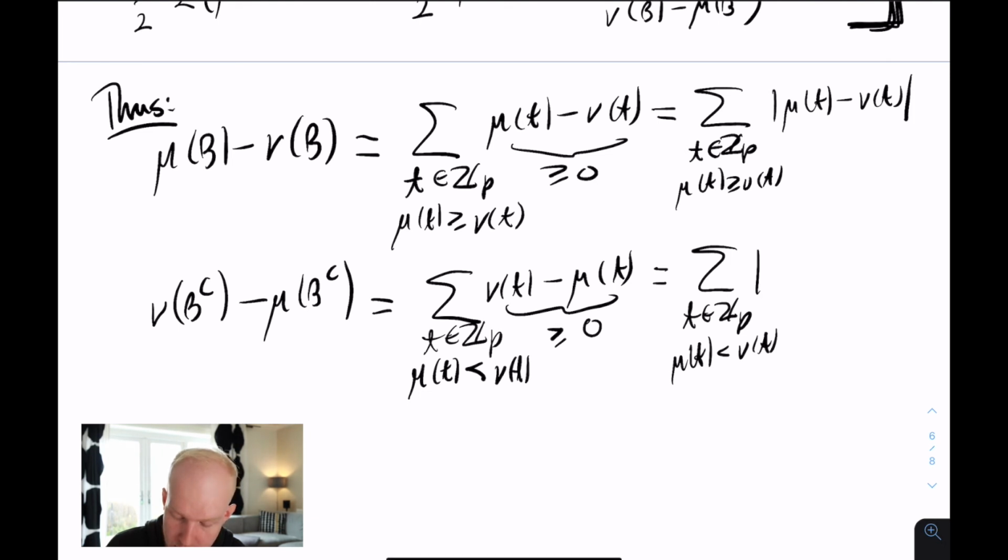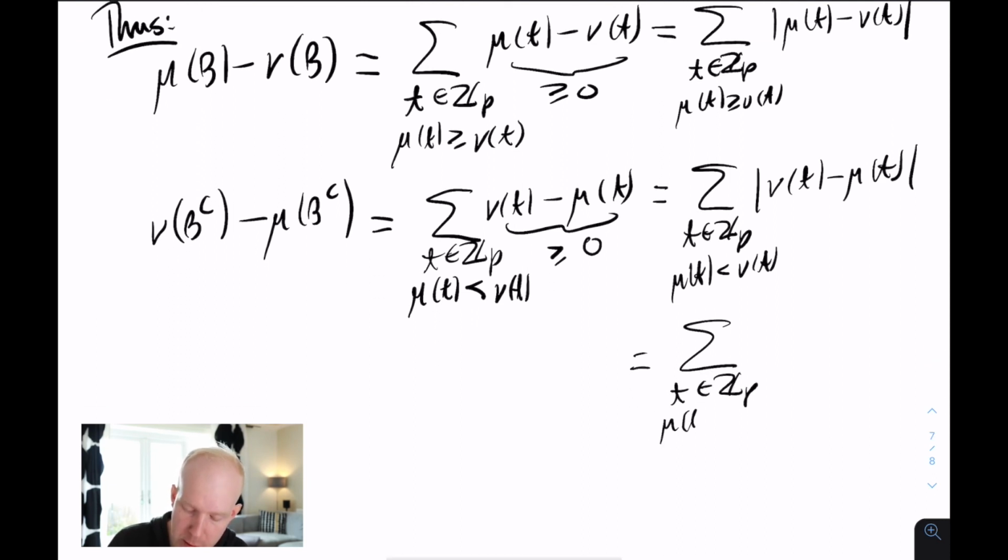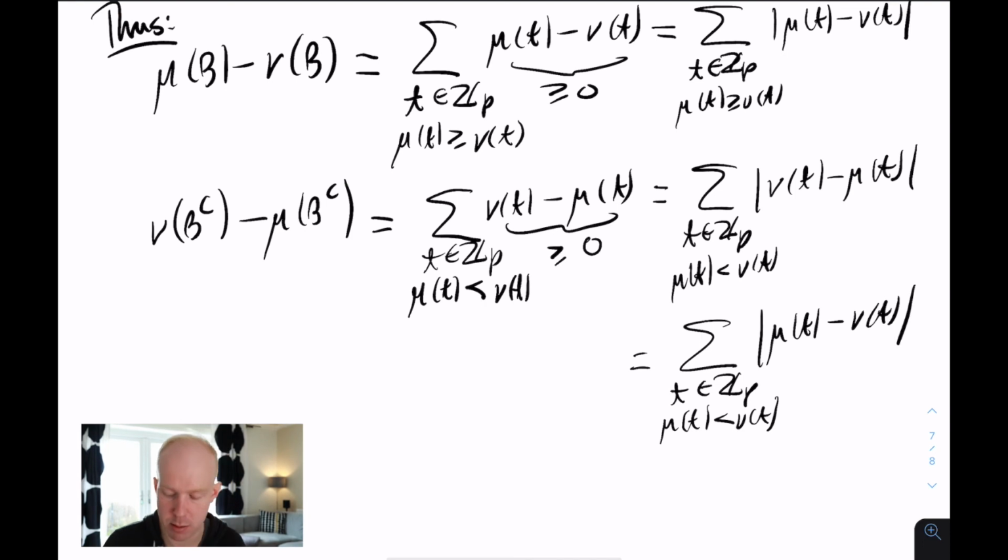Because this is positive, I can put the absolute value of μ(t) minus ν(t). And notice that inside the absolute value this is the same quantity, what we claimed.